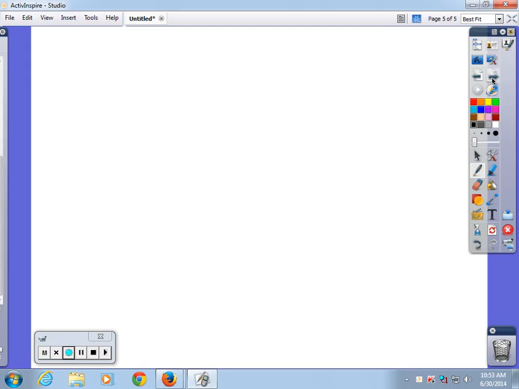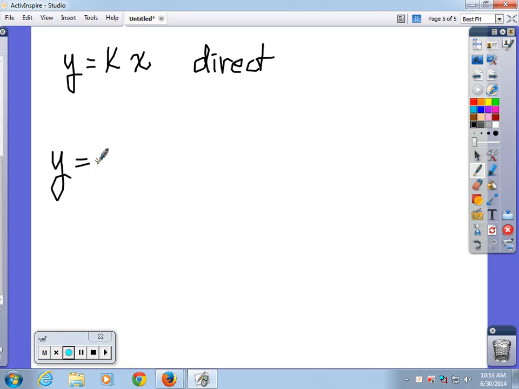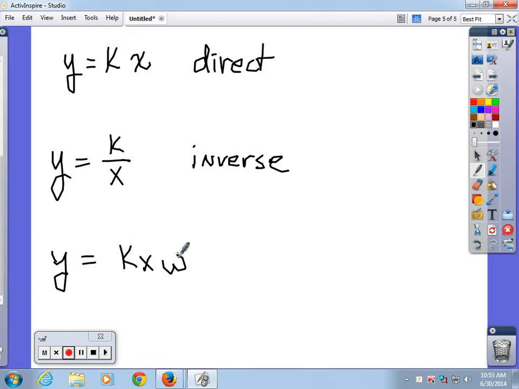There are 3 formulas in 7.5. One is y is equal to k times x, and that's direct variation. Y is equal to k over x, that is inverse variation. And y is equal to k times x times w, and that's called joint variation.